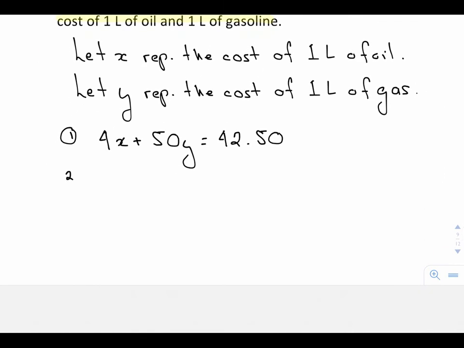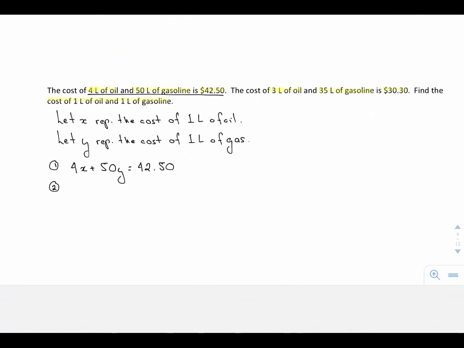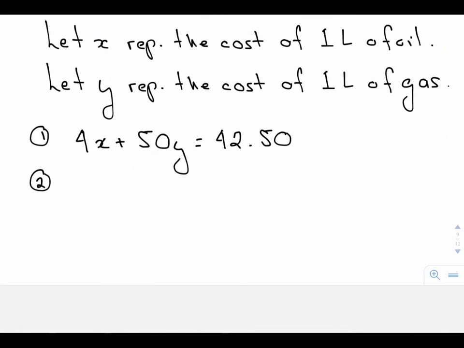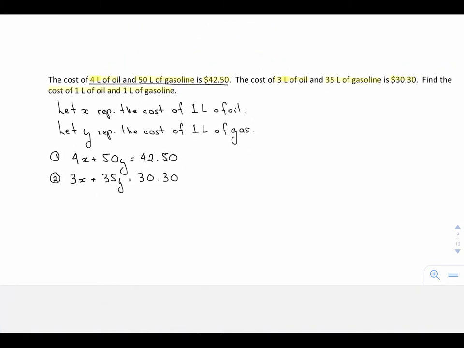Similarly, if I start off with 3 liters of oil and 35 liters of gasoline, I'm going to end up with $30.30, because that's what the second piece of information gives me. And I want to find the cost of 1 liter of each. In other words, I want to solve for x and y.